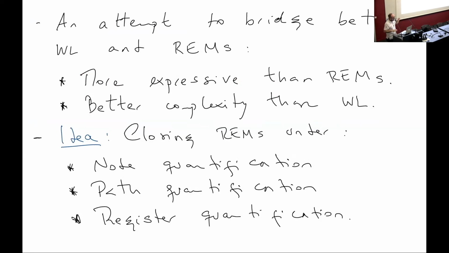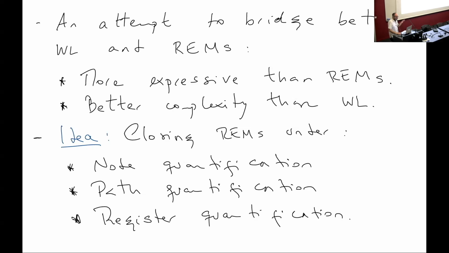So what we did then was we had this logic of REMs, which has good properties in terms of data complexity. It's in log space. And we had this other logic, which is very expressive, yet the complexity is awful. We wanted to bridge between the two worlds.